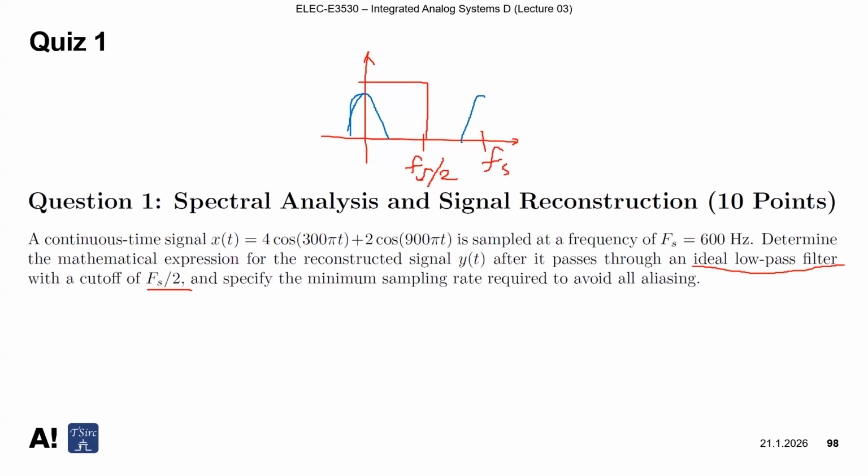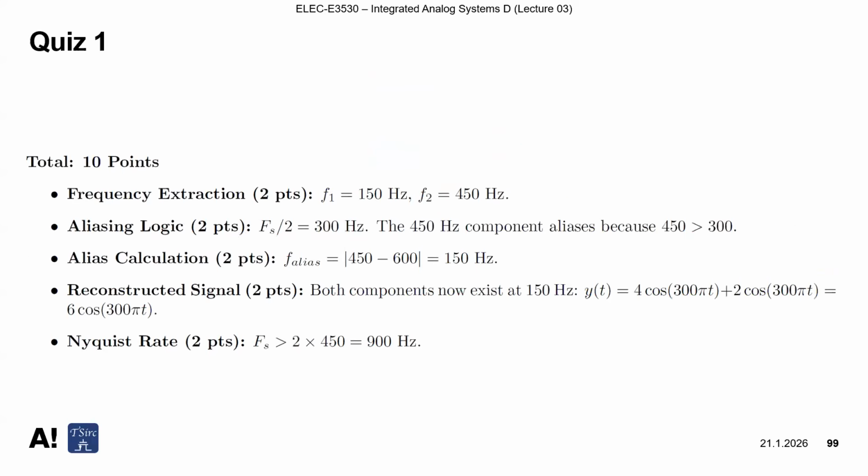Then mathematically, it will be copied and pasted, right? And so on and so on. So when we take the ideal low-pass filter, those are all erased because they are filtered out. So this is the condition.